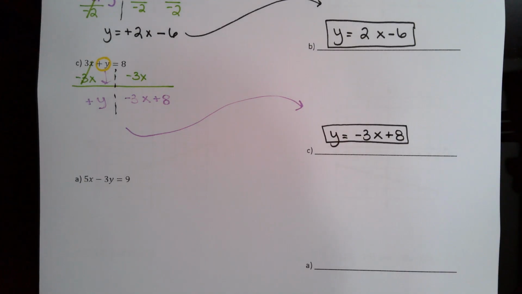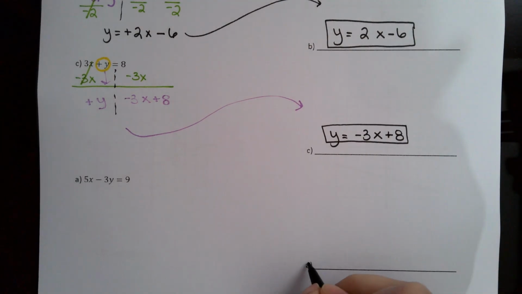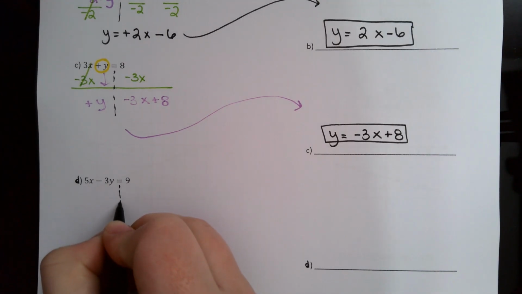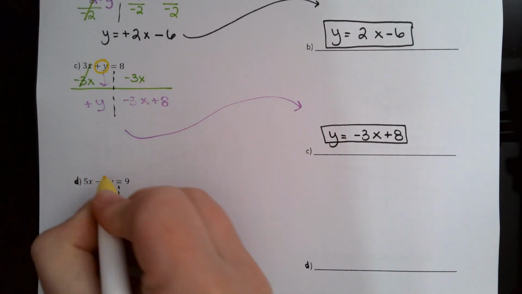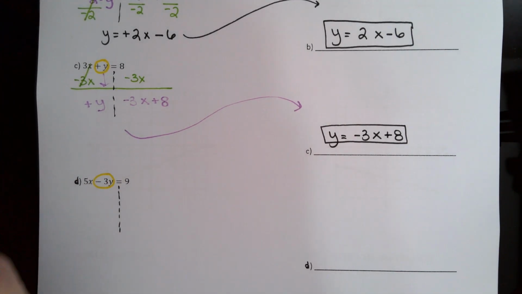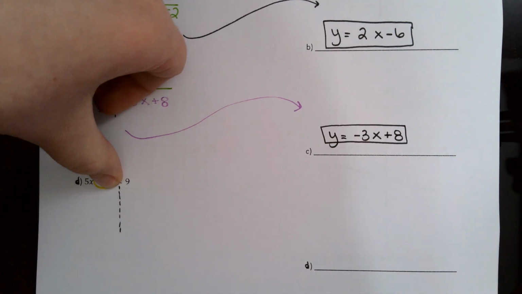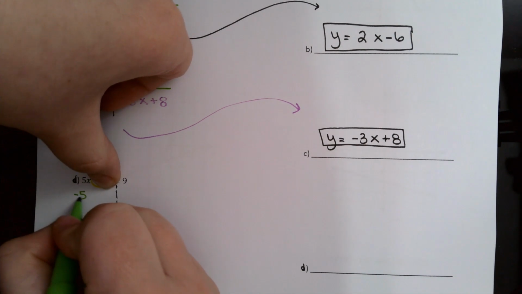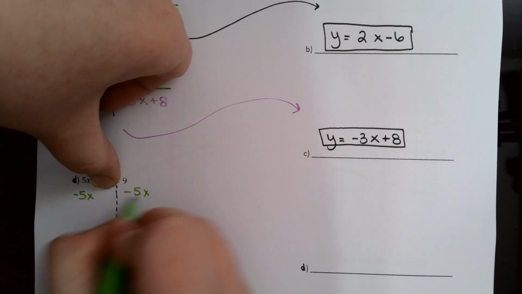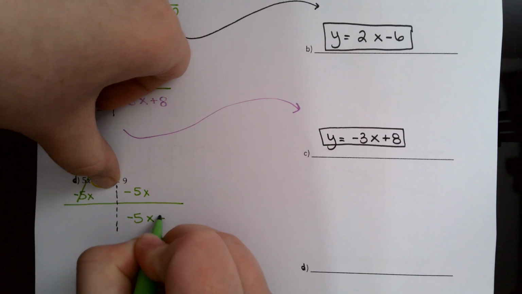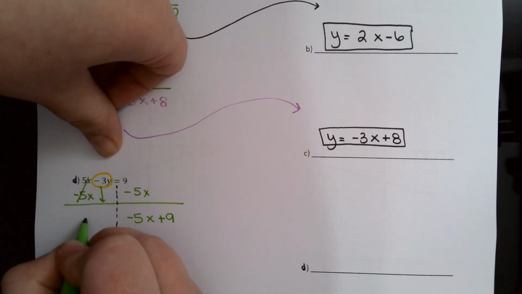Okay, one more time. This should be letter D. Dotted line for balance. Let's circle our negative 3y. Taking our finger, we're going to remove the 5x. So I get negative 5x, positive 9. Bring down the negative 3y.